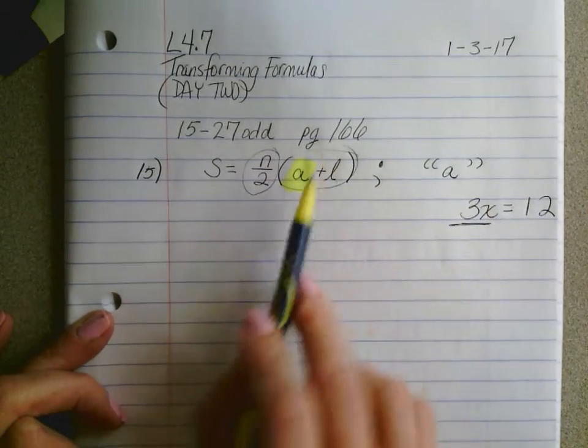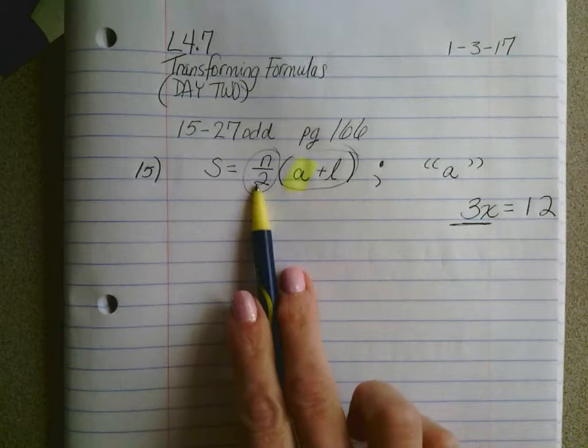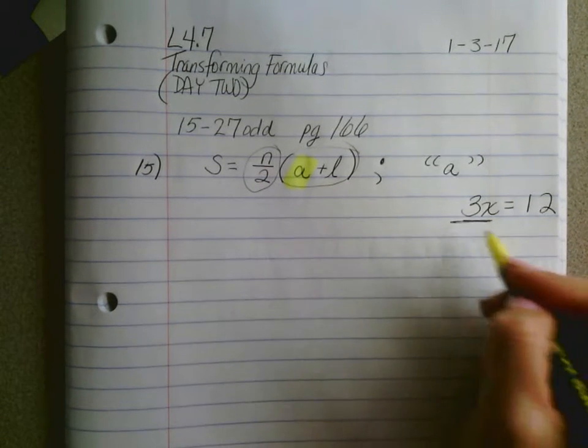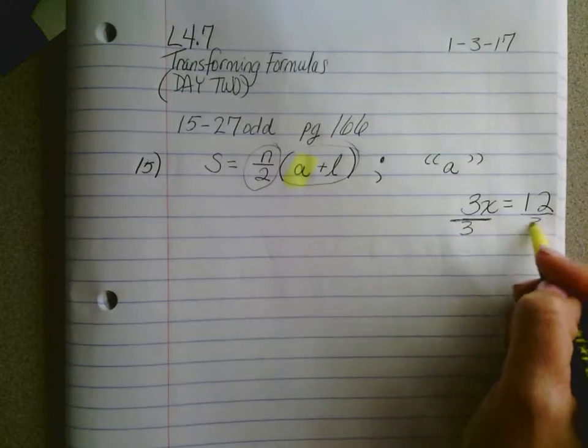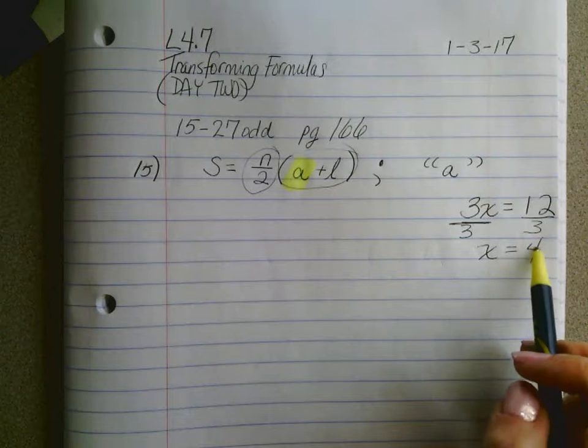I know you're thinking, well, wait, that's two separate pieces and that's a fraction, but you can still treat it as if it was the same. So in this universe, we would divide by 3, giving you an end result of 4, and now we're done.